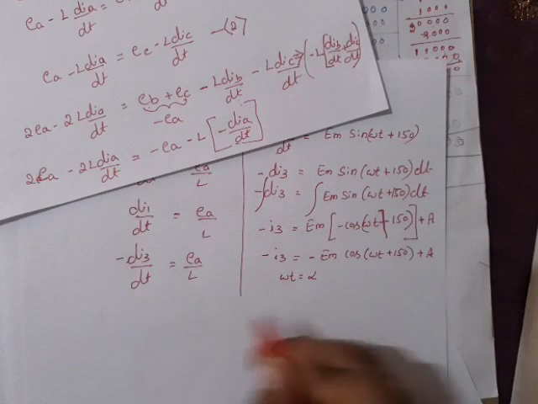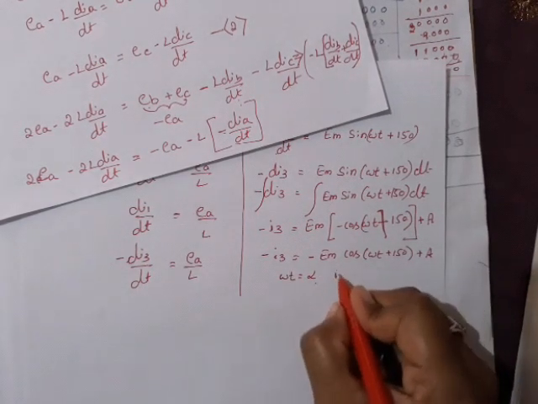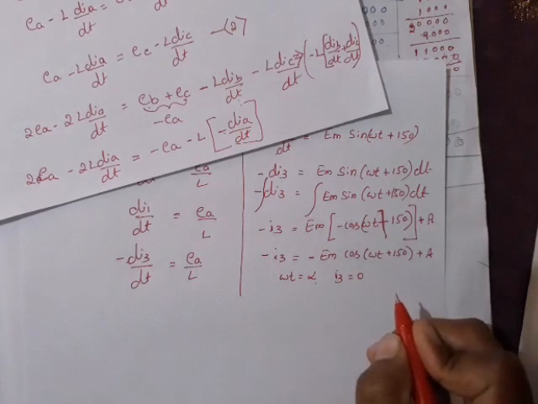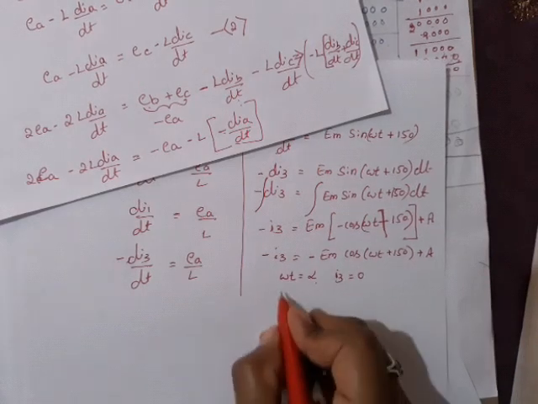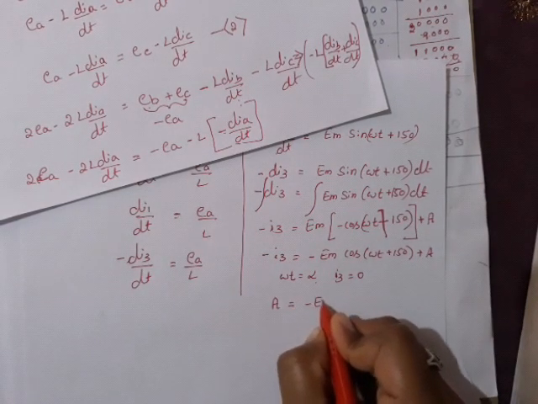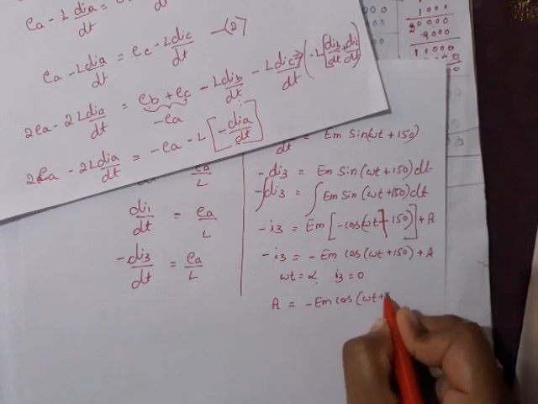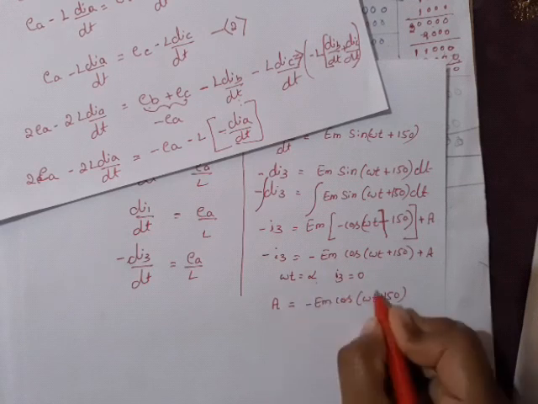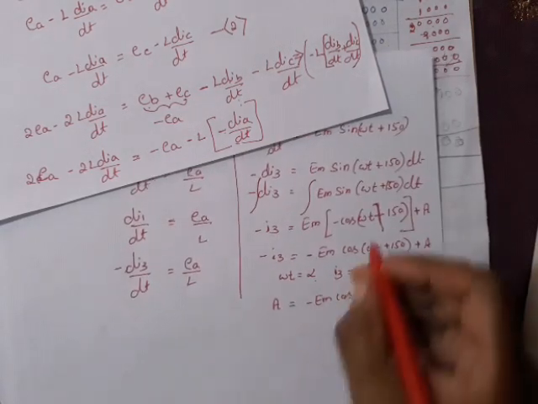When omega t is equal to alpha, what is the value of I3? I3 value is 0 because I3 has not yet started. If I apply that, a value is minus Em cos(alpha plus 150).